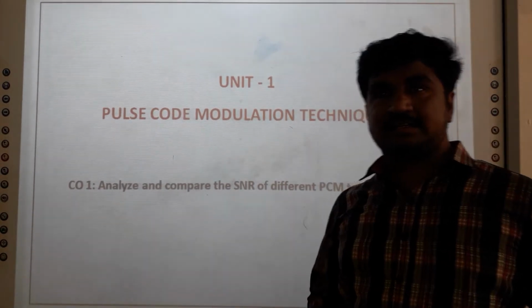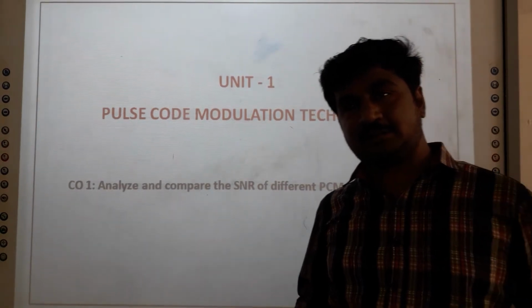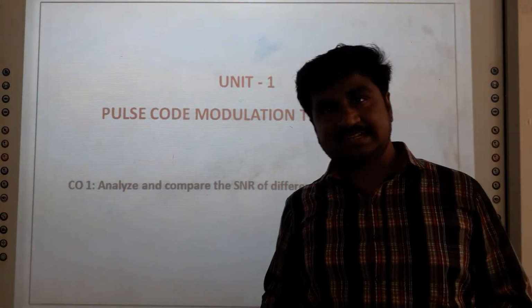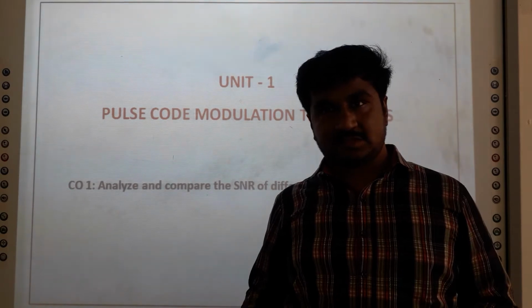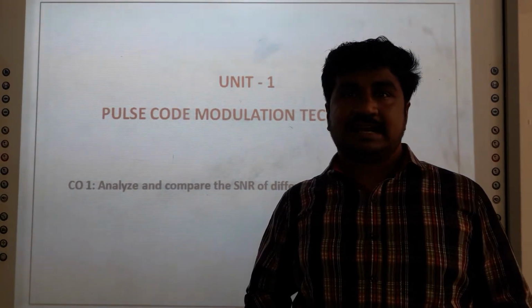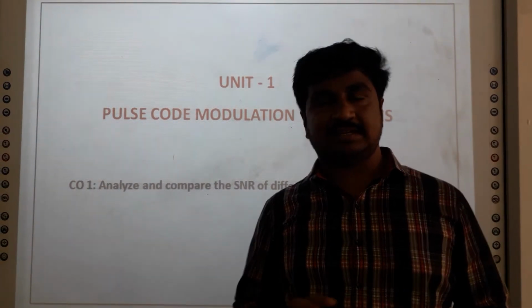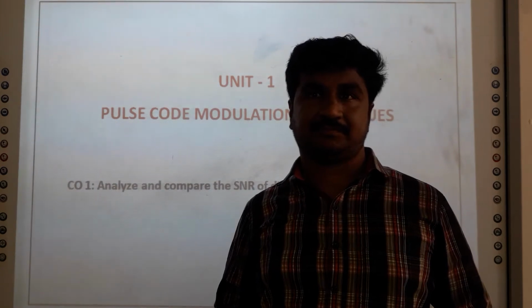Under this unit we are going to study different kinds of waveform encoding schemes such as pulse code modulation, differential pulse code modulation, adaptive differential pulse code modulation, delta modulation and adaptive delta modulation.